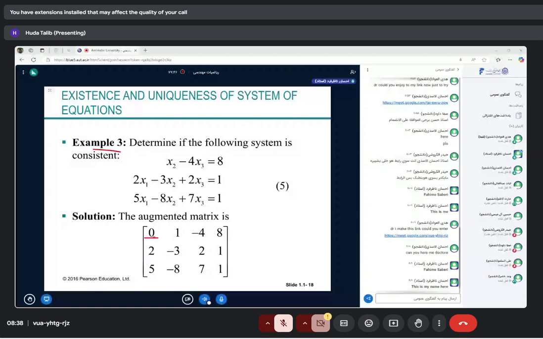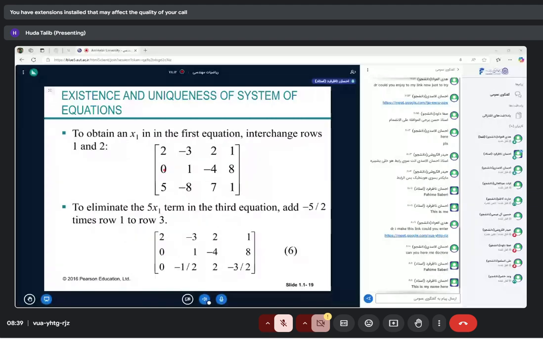If you multiply this row by any number, you cannot eliminate the x1. So first of all, we interchange the position of the first row and the second row. So this becomes the first row and this becomes the second row. This is the result of interchanging the first and second row. So we have this one, and this one.